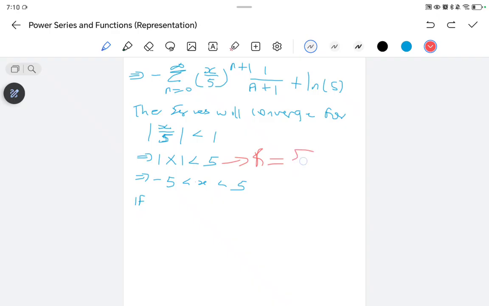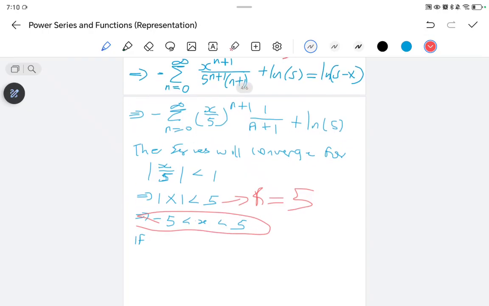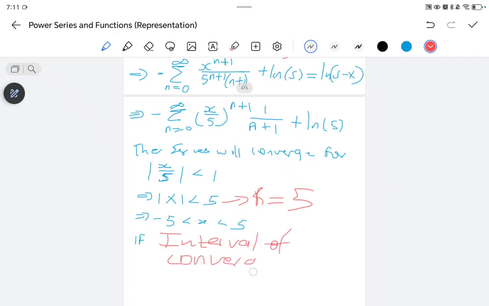Then for the interval of convergence, even though we're not asked to check this, most of the time they might not ask you to check it, because for this limit, we can only check this. We can't check this because this is not a series. So I don't think they can ask you for the interval of convergence. But the radius of convergence would be 5.